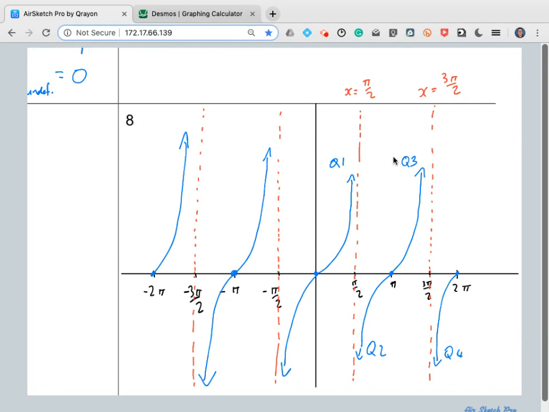The picture is this sort of graph here, which is then repeated here, which is then repeated here. And you can imagine if I kept on going to 3 pi and 4 pi and so on, we're going to get that same sort of pattern happening. So that is how the tan graph is constructed across the quadrants.